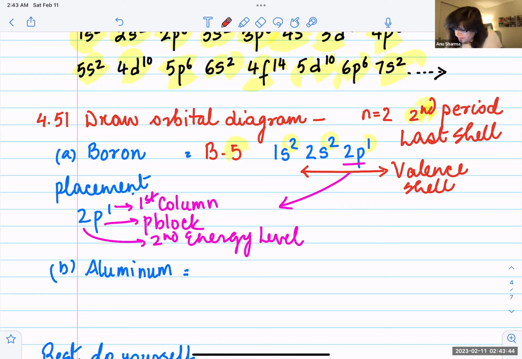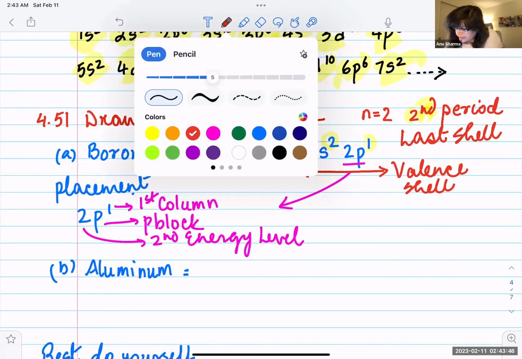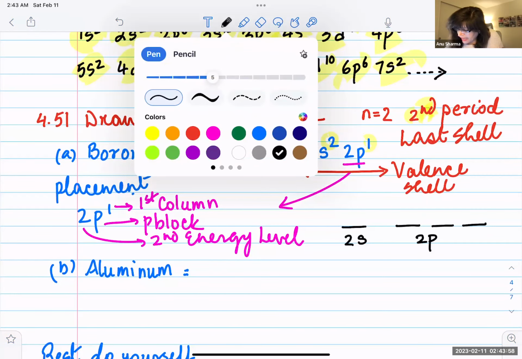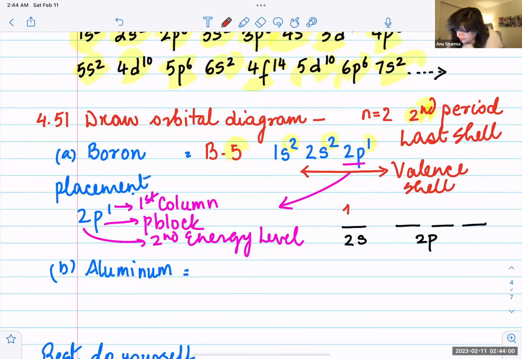Okay, now when we talk about the valence shell electrons, you can just do it like boxes or circles, it doesn't matter. So this is 2s and this is 2p. So the rule is that first, singly occupy, but in this case, this is one orbital, 2s2, and then 2p1. Okay, so these are the 3 valence electrons basically.